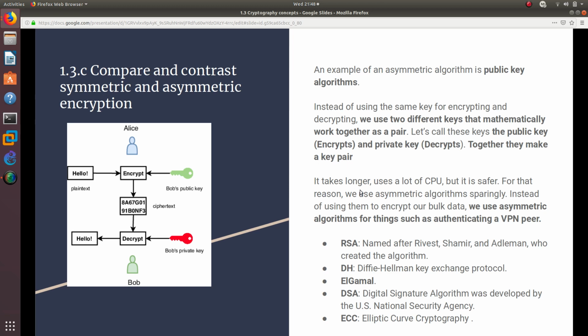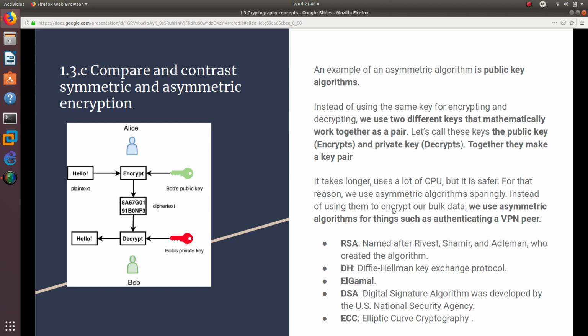For asymmetrical, it takes longer and uses a lot more CPU, but it is safer. This is why it is not used to send a lot of data for VPN, because it takes a lot longer. For that reason, we use asymmetrical algorithms sparingly.